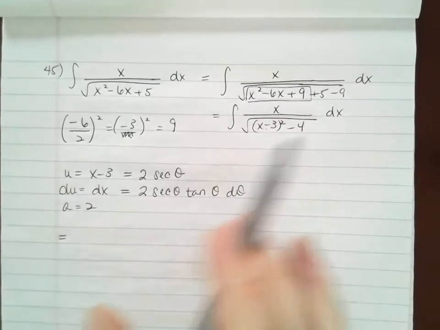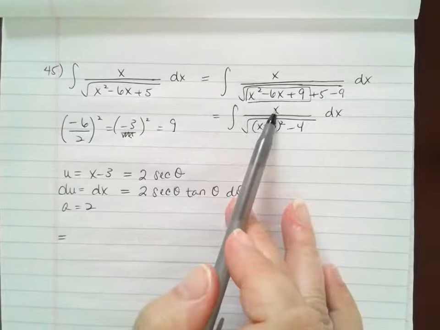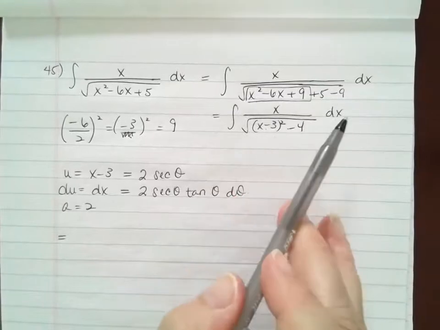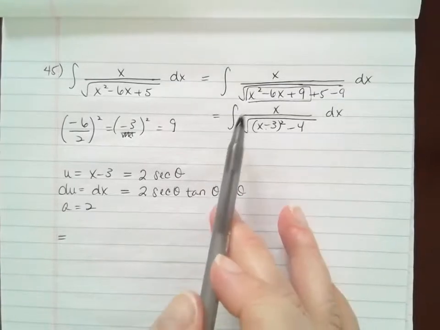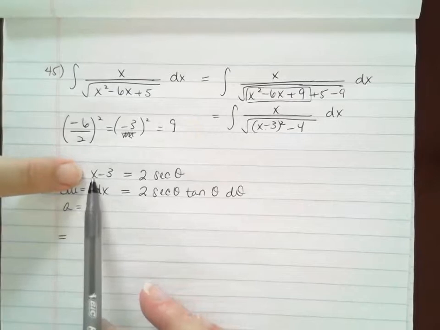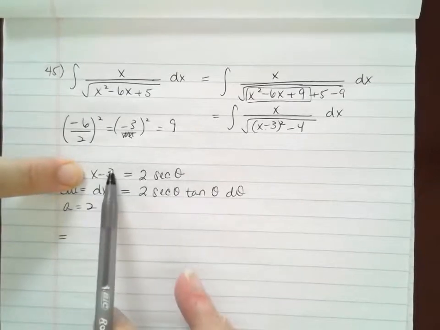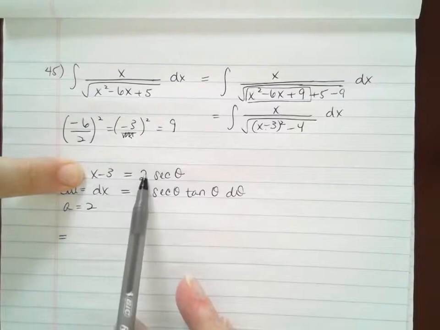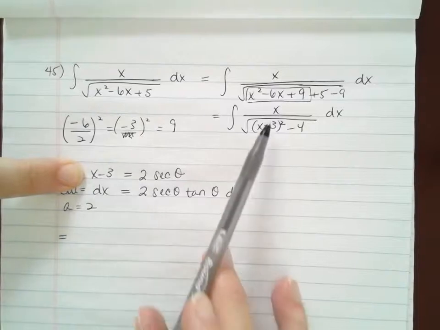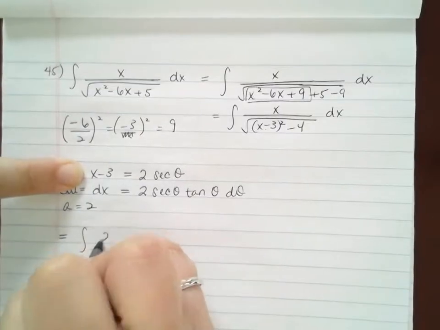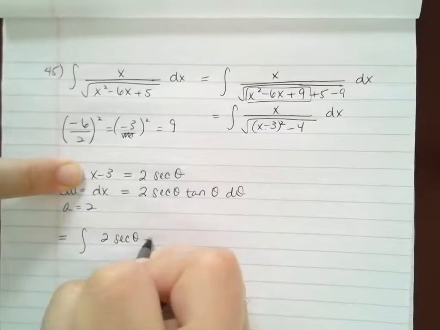And I'm just going to substitute in exactly what I see. I'm not going to try to balance this. I'll balance it later. So if I have an x by itself, imagine this statement being solved for x, I would get 2 secant theta plus 3. So x is 2 secant theta plus 3.